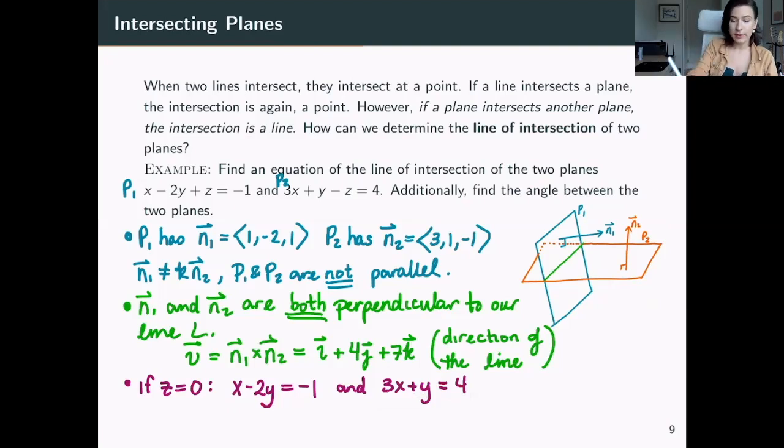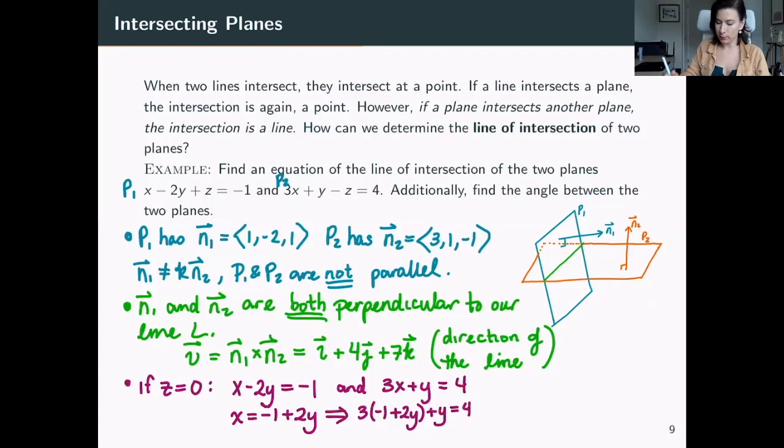So we can move things around slightly, and we will have that x is going to be equal to -1 plus 2y. And if I sub this into my second equation, I will have 3 times (-1 plus 2y) plus y equal to 4.